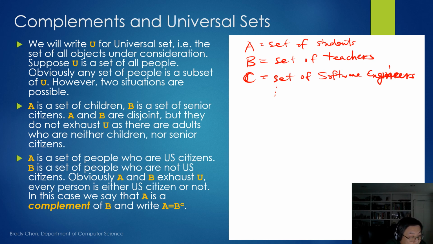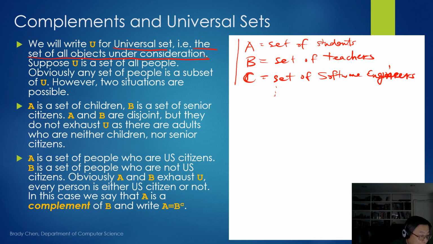Okay. Now, what is this? Sometimes it's easier to think about the biggest set we're considering in our problem. We can call this set a universal set. It could be the set of all objects under consideration. Now, what could we define for these sets A, B, and C?